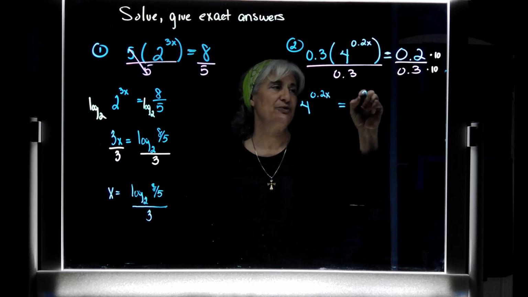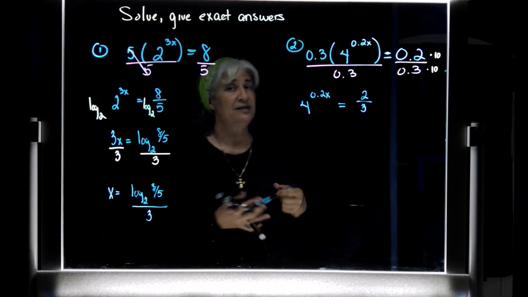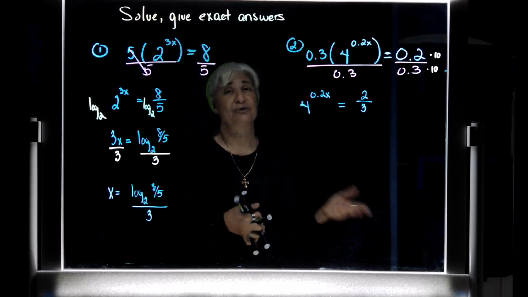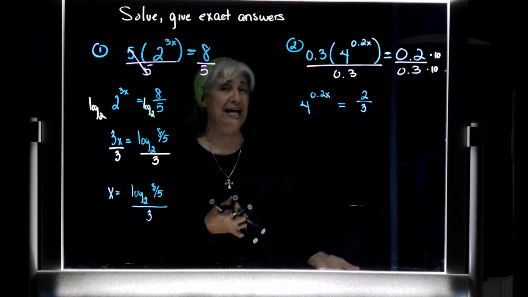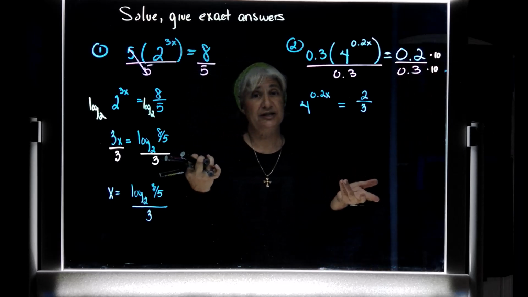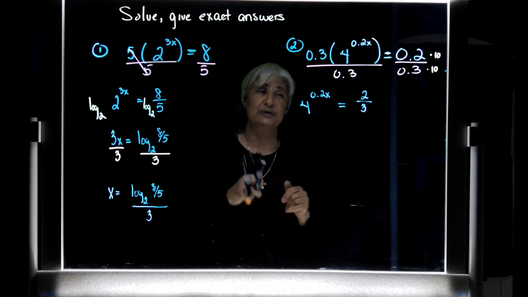That's just going to become a 2 on top and a 3 on the bottom. Yes. So 2/10 divided by 3/10 is simply 2/3. Why? Because I multiplied top and bottom by 10. And if you don't believe me, take your calculator out and check it. But trust me, I know what I'm doing.